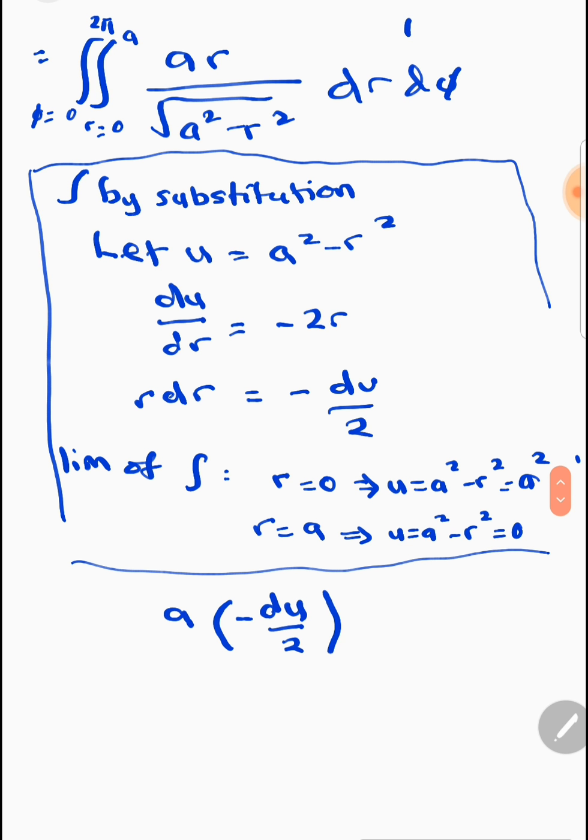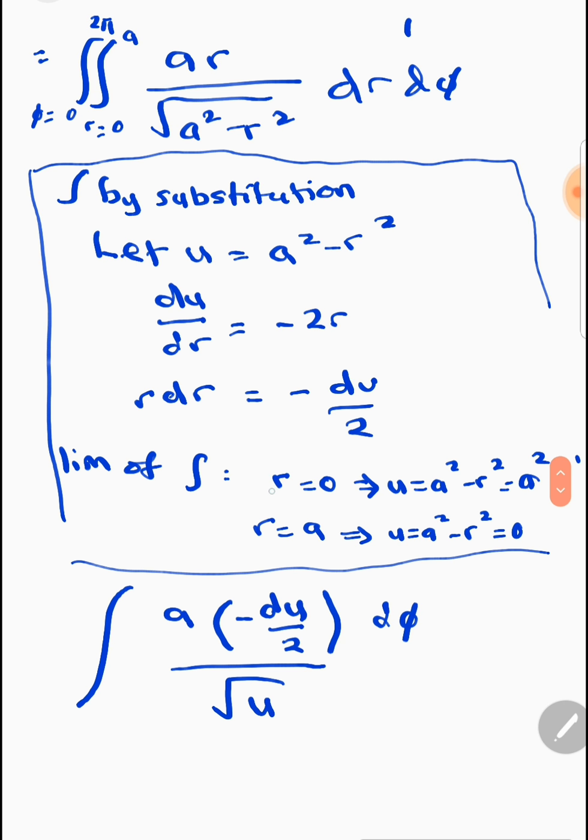Alright, so I still have a d phi here. And then over, remember earlier, a squared minus r squared is denoted by u. So I will just have this as the square root of u. And now for this first one here, we have searched for the limit of the integral in terms of u, isn't it?